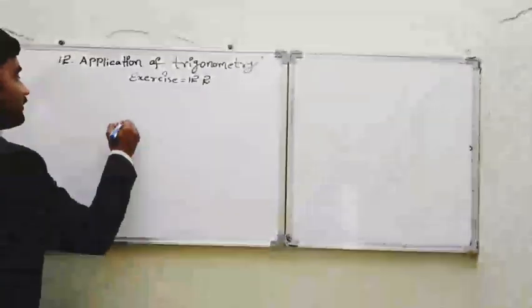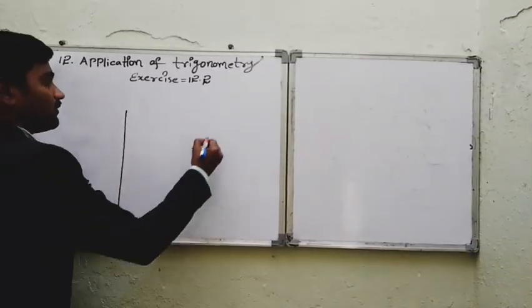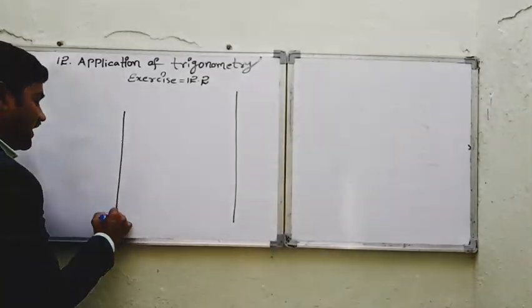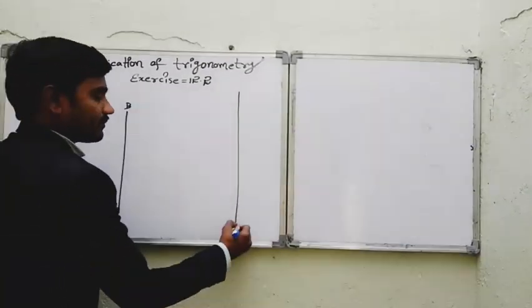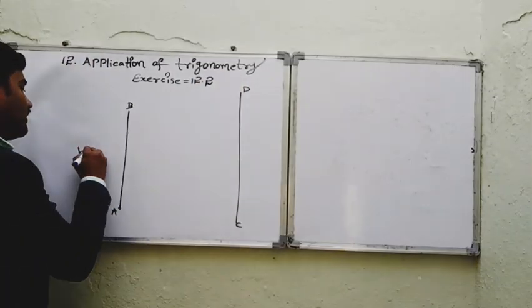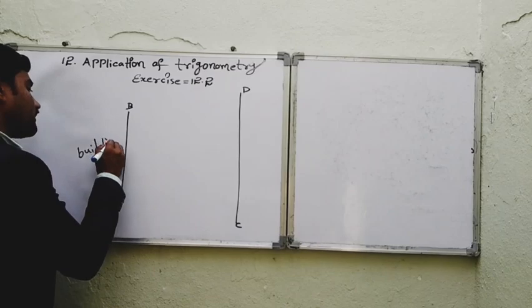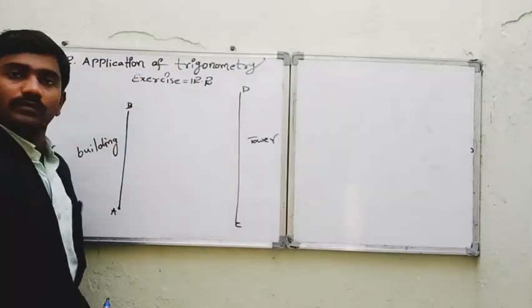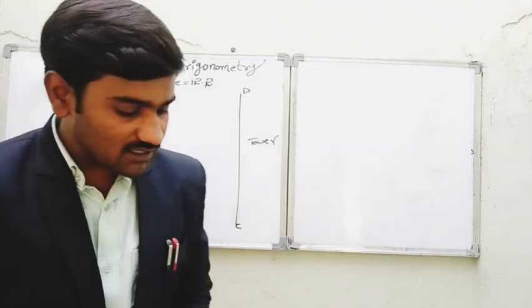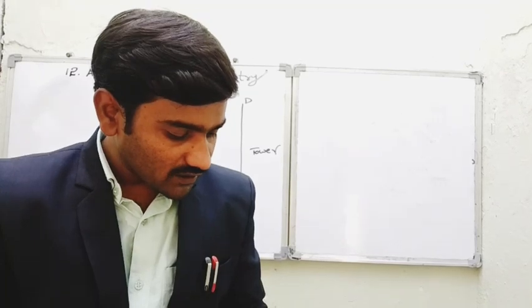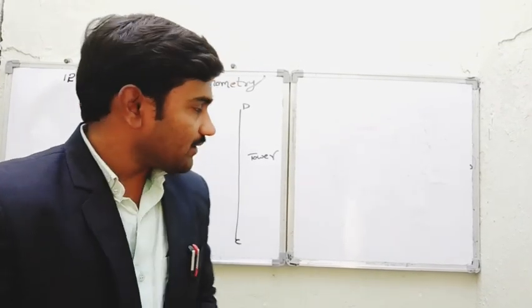First there is a tower and building. Suppose we take A, B, C, D. This is the building. This is the tower. So the first statement is the angle of elevation of the top of the tower from the foot of the building.